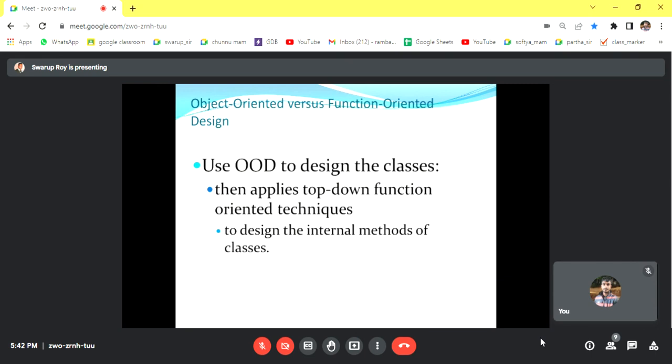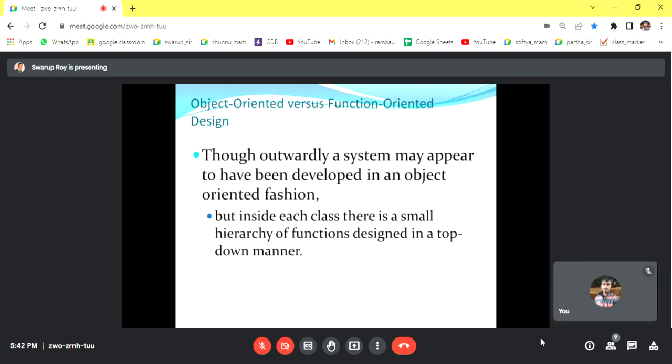Top-down follows the function-oriented design, because you start with a function and then you subdivide or create sub functions from there. In case of object-oriented, it is normally bottom-up, because you have similar sets of objects, and you can club them into a class.